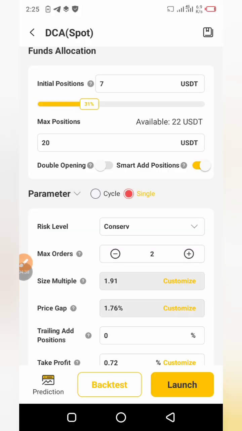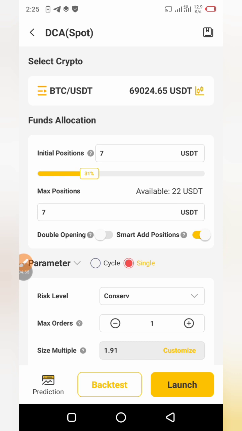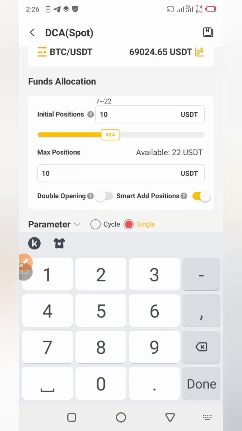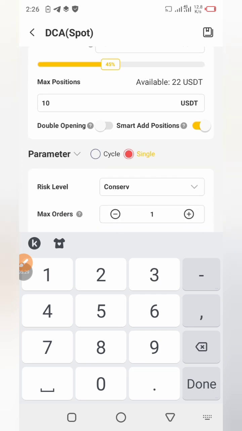Either you leave it at radical or you leave it at conservative. And the coins we're going to use here, I will just use $10 to do this. I will use 10 USDT. Okay, so initial position 10 USDT, max position is still 10 USDT.